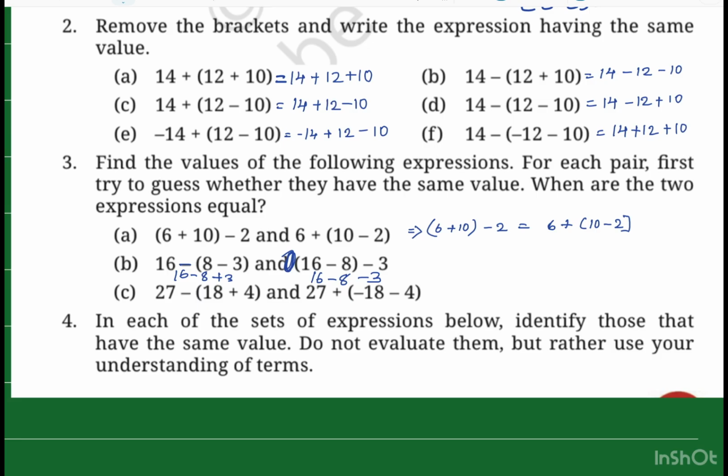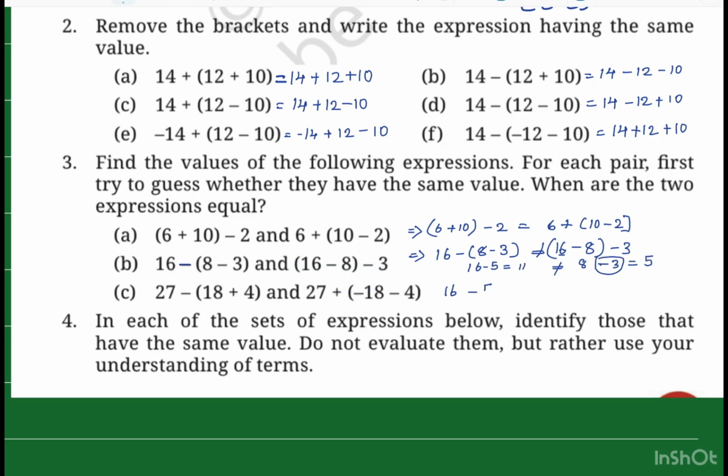We can see that 16 minus 8 is common to both. Here it is plus 3 and here it is minus 3, so the expressions cannot be equal. So we can write 16 minus 8 minus 3 is not equal to 16 minus 8 minus 3.